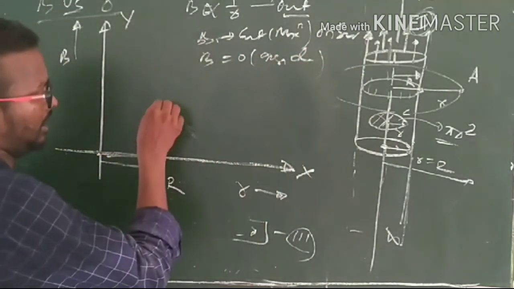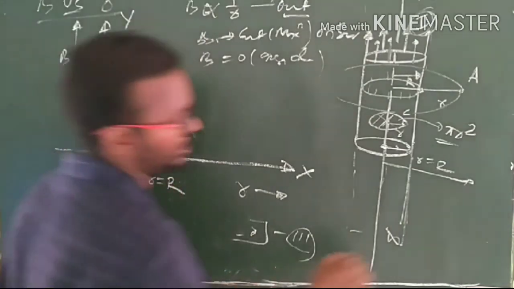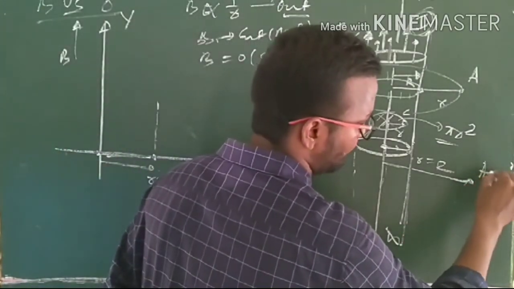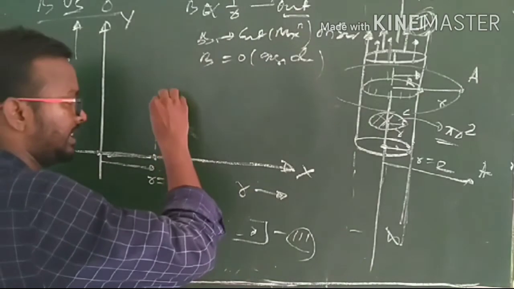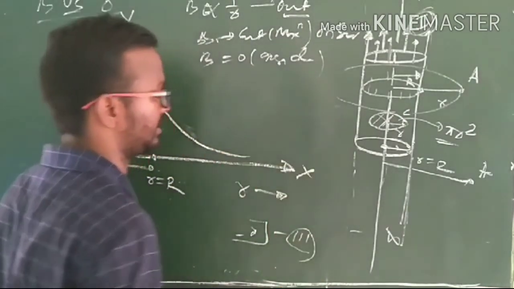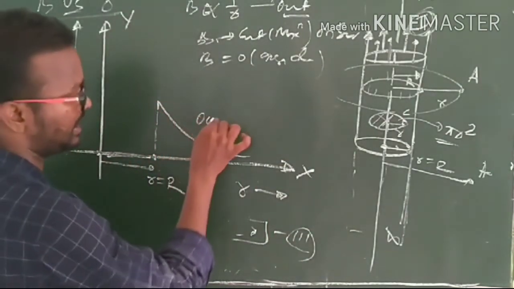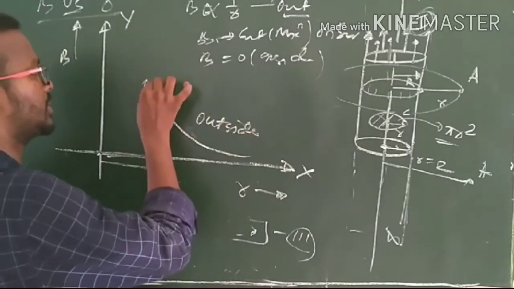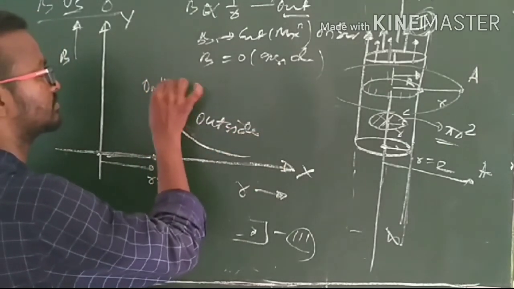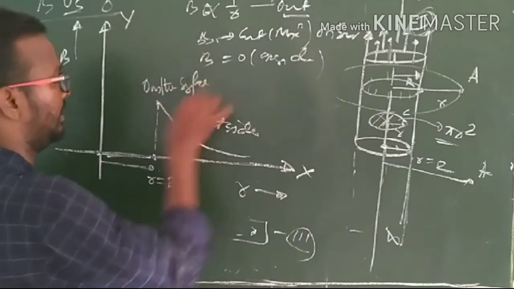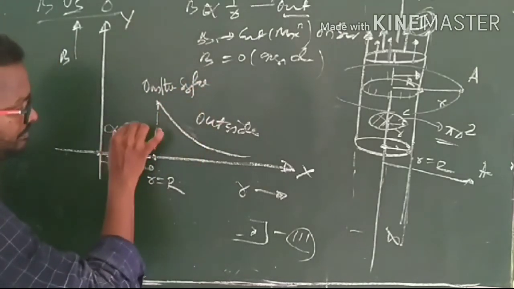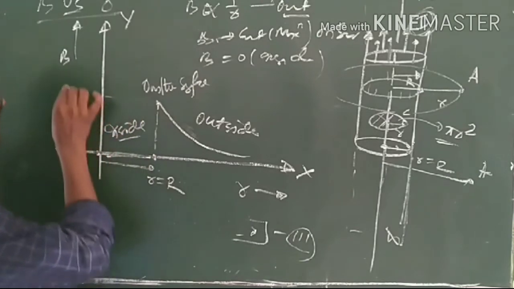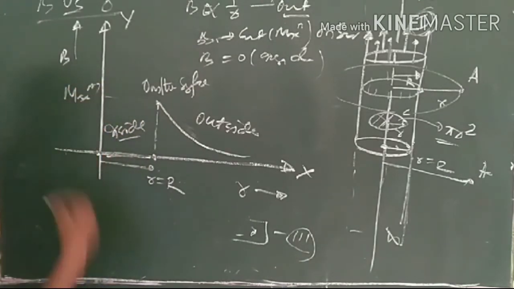If we take another point outside, like point A, the magnetic field strength decreases. This is the graph. Clear? This is outside, this point is on the surface and this point is inside. And at this point the magnetic field is maximum.